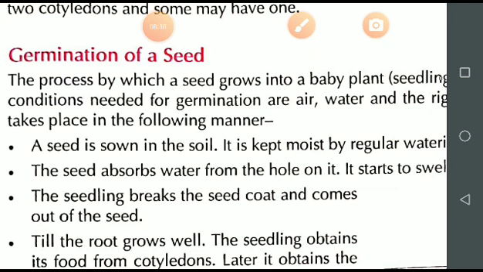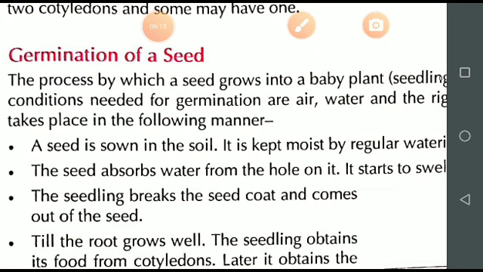The life of a plant begins from a tiny seed, because inside the seed is the embryo, which is the baby plant. The seed is protected by an outer covering, and this outer covering of the seed is known as seed coat.